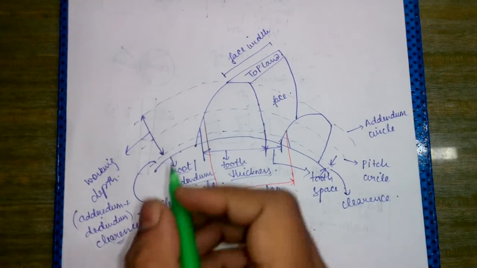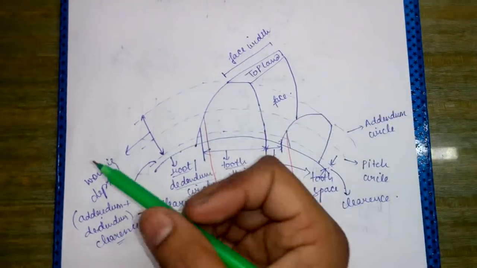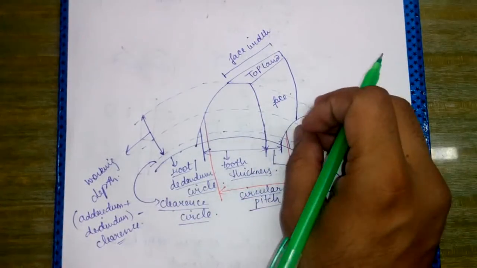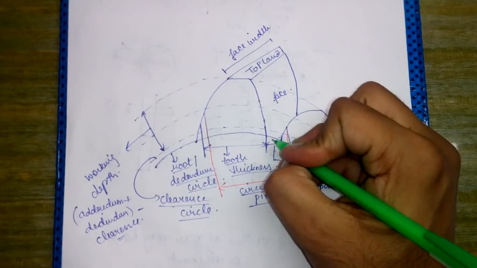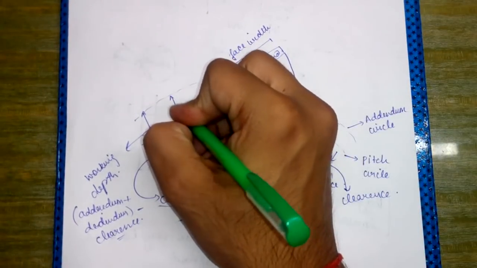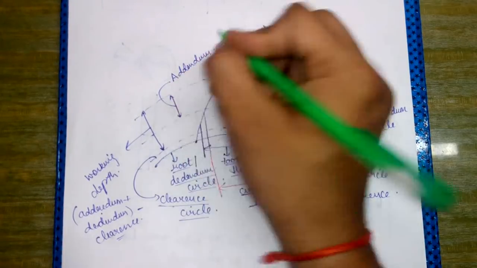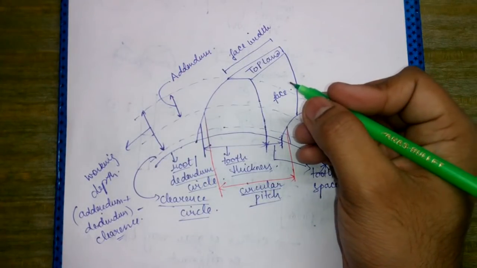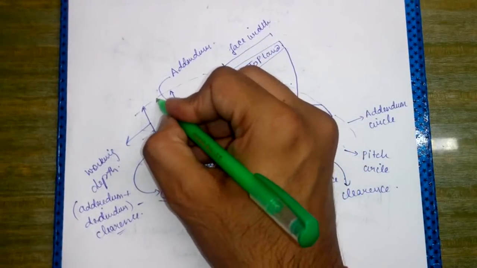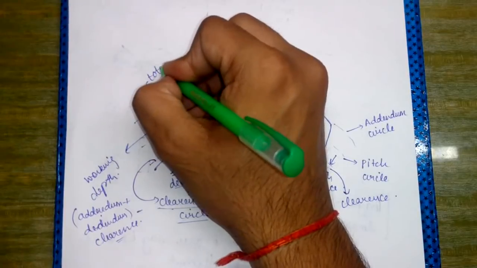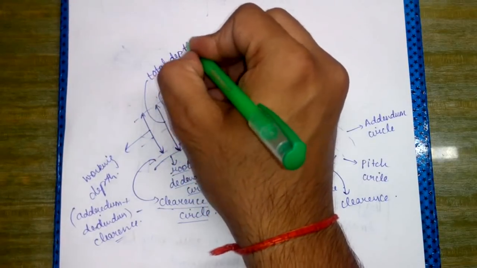So we have to remember this also. And this was the clearance circle. All the circles have been marked, and this is actually called the addendum. This space is called addendum. Okay, and this entire space is called the total depth.